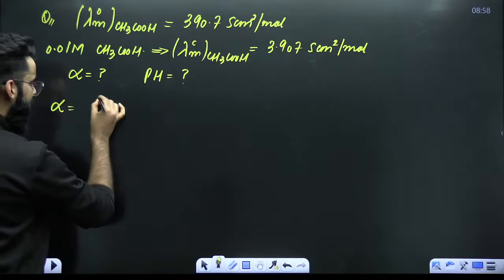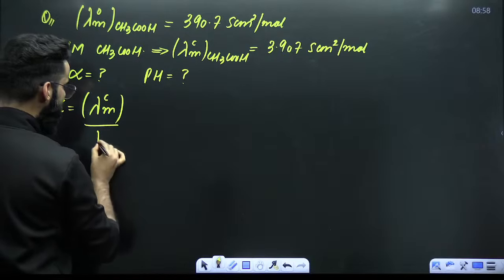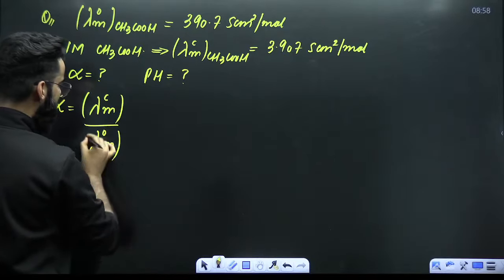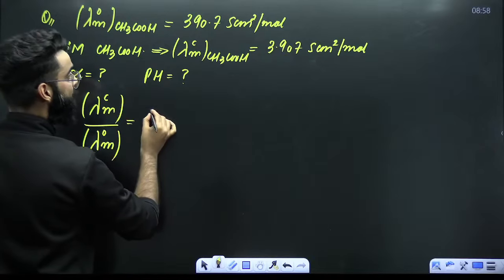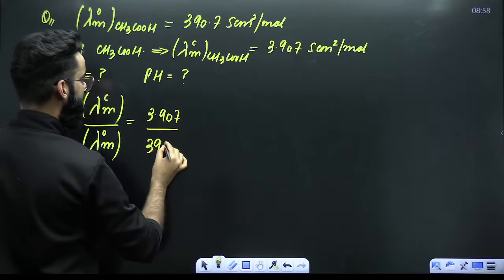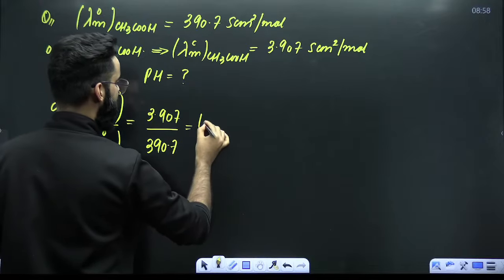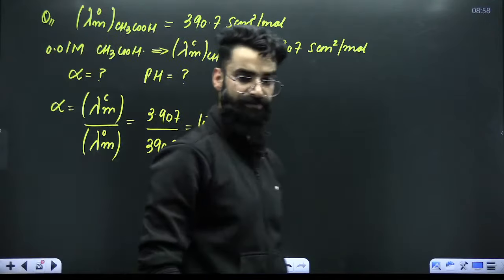Alpha is molar conductivity of CH3COOH at a given concentration divided by molar conductivity of CH3COOH at infinite dilution. It is given to me as 3.907 and this particular term is 390.7. The value comes out to be 10 raised power minus 2. So you got the alpha value.